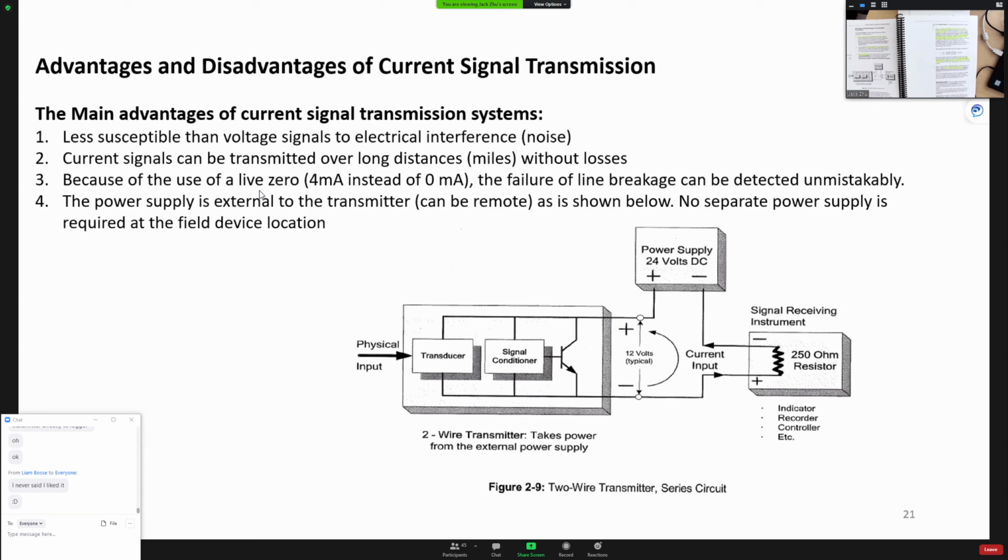Another good thing is that the minimum value is 4 milliamp, we are not using 0 milliamp. So if somehow one of the devices doesn't work and becomes an open circuit, or one of the wires becomes broken, say we have a wire open down here, will the final equipment receive any current at all?